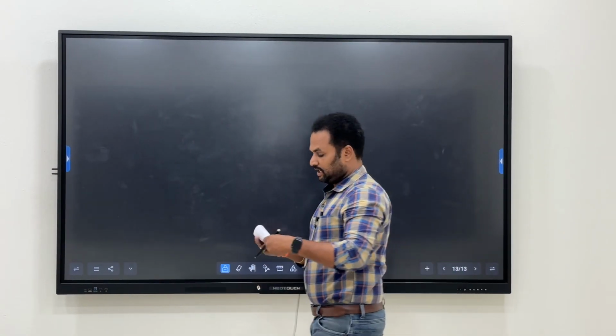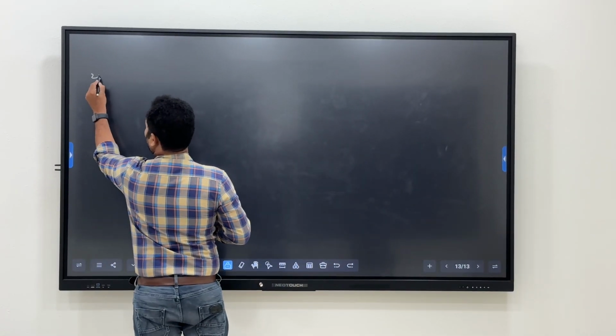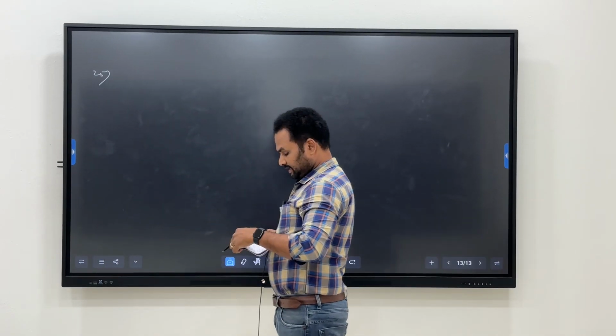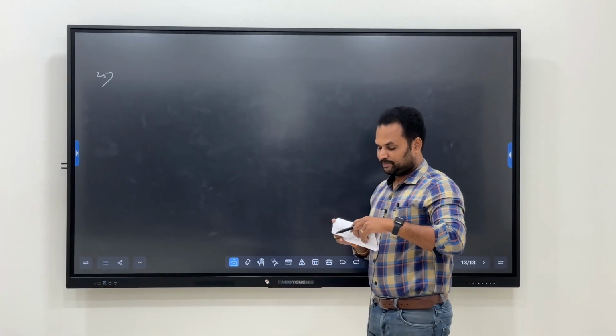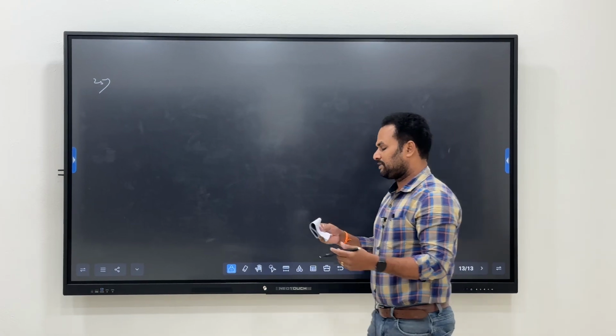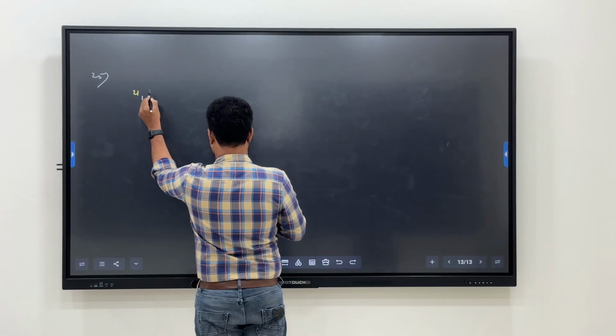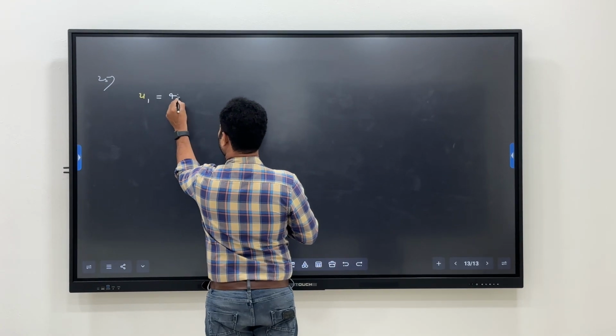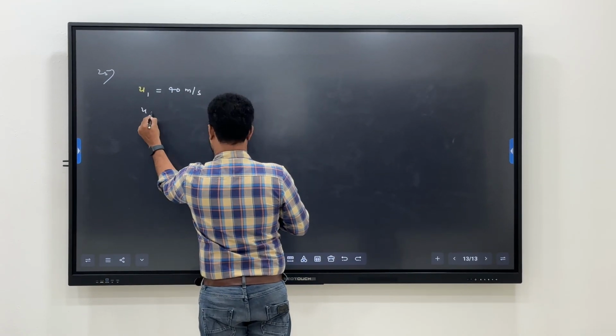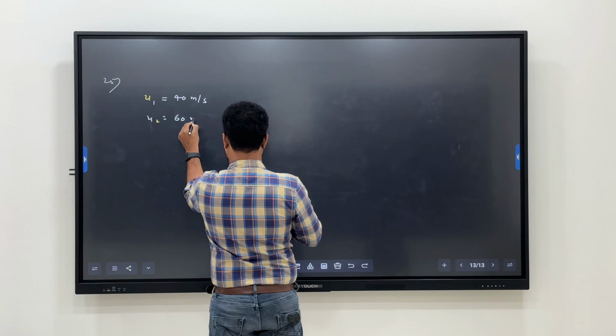Next, two balls are projected upward simultaneously with speeds 40 meter per second and 60 meter per second.